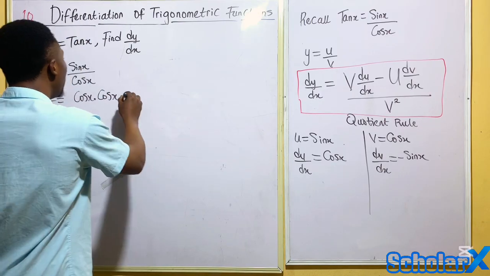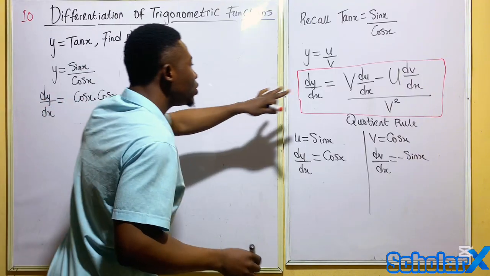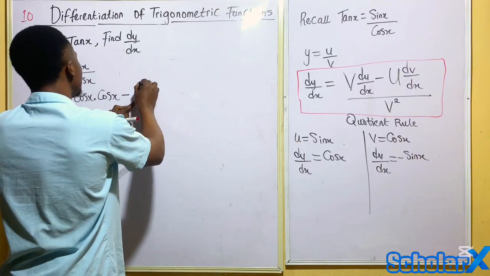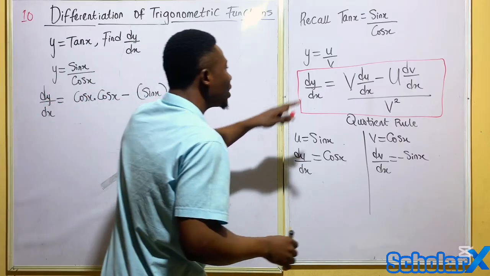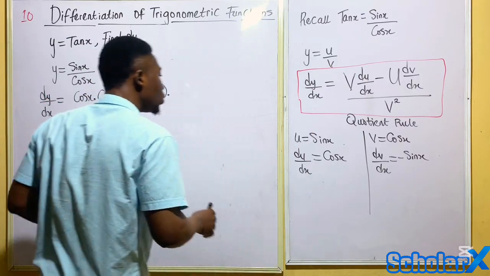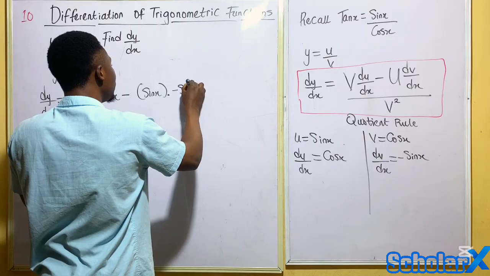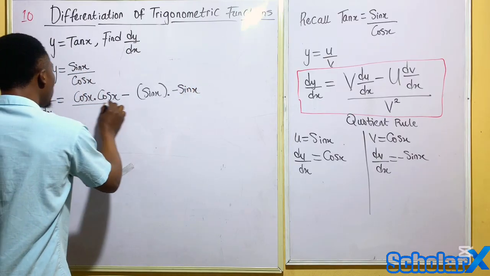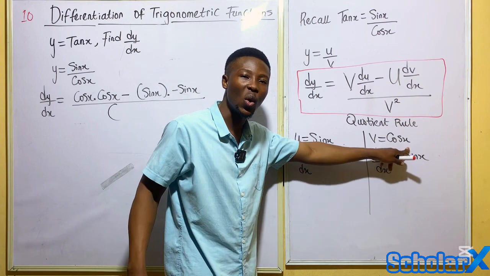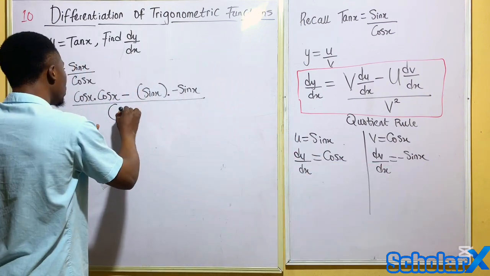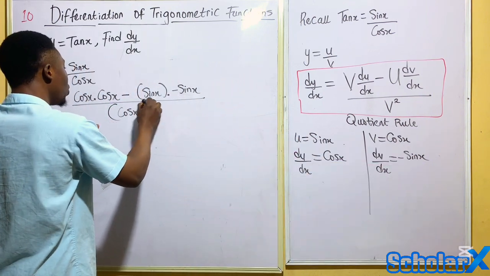Now minus u, our u is sine x, multiplied by our dv dx, which is minus sine x, all divided by v squared. Our v is cos x, so it becomes cos x all squared.